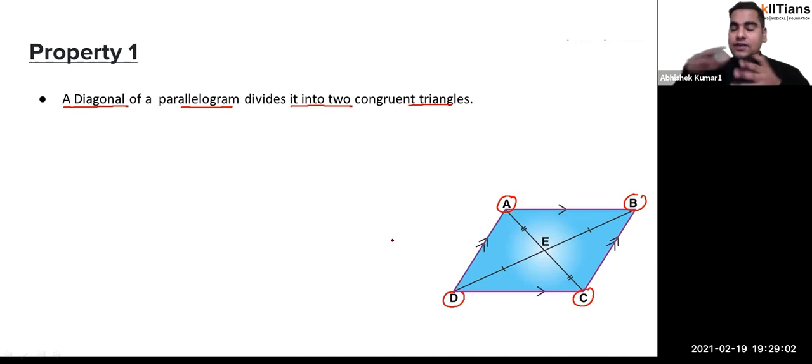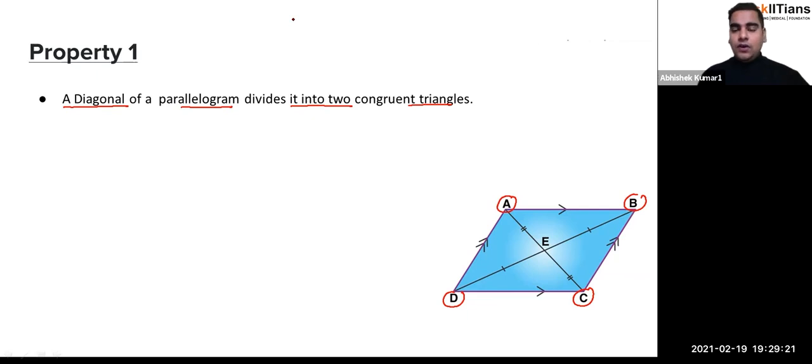Or if I am considering diagonal AC, then I have to show triangle ADC is congruent to triangle CBA. You can take any one of the cases to show that the triangles formed by the diagonal are congruent to each other.